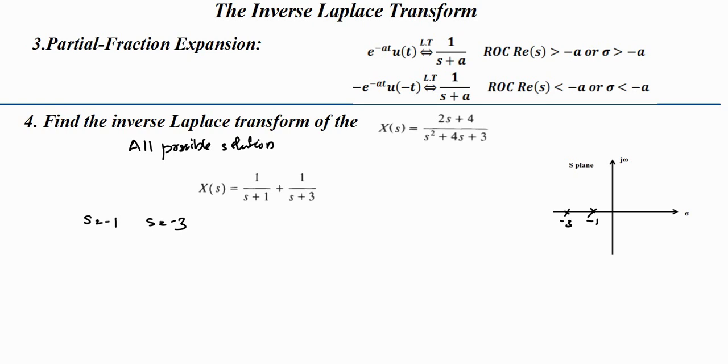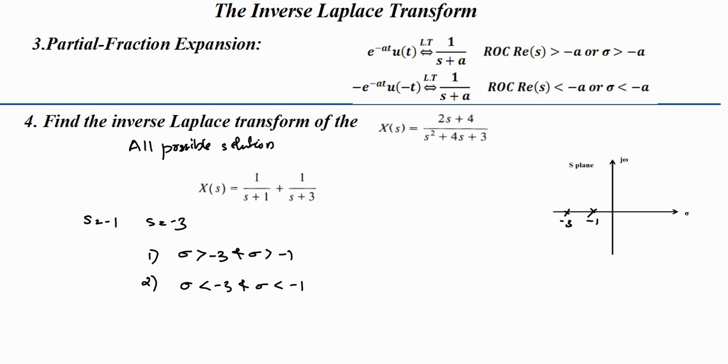So the ROC can be different cases. Case 1: one possibility is sigma greater than minus 3 and sigma greater than minus 1. Another possibility, sigma less than minus 3 and sigma less than minus 1.